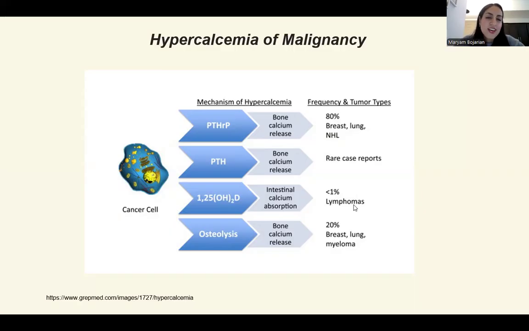In really rare cases, we do have increased PTH hormone, and in lymphoma, we can have increased 1,25-dihydroxyvitamin D. And some tumors can directly attack bone, and breast, lung, and multiple myeloma can cause this type of hypercalcemia.